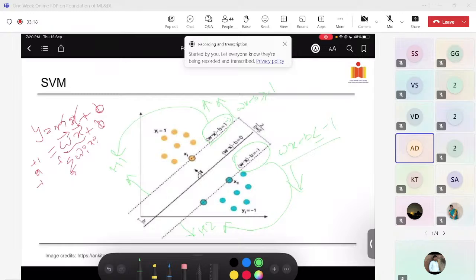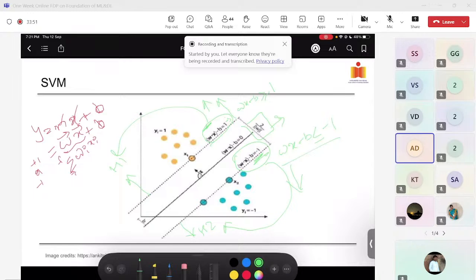Now, once you have 2 hyperplanes, the distance between them is nothing but 2 divided by the magnitude of your weight vector. I won't go through the derivation, but it is a standard derivation in coordinate geometry. You can look it up. You first calculate the distance of each hyperplane with respect to the origin, and then you equate them, and you'll get this distance, 2 divided by the magnitude of your weight.